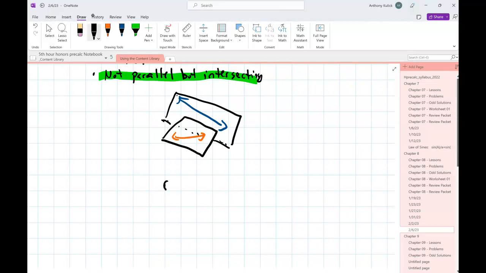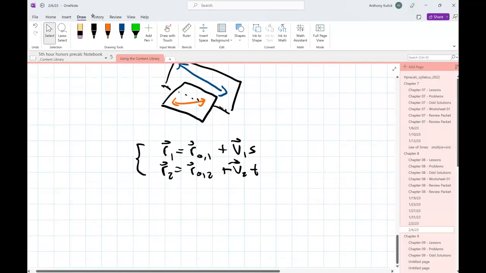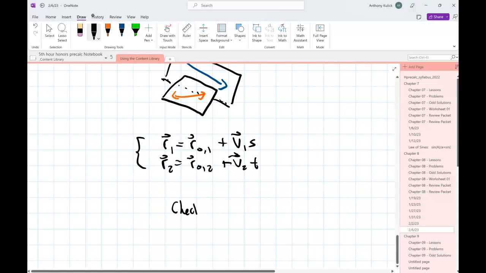So let's say that we have R1, we should do alphabetical order, I'm getting confused, we'll call that one S. Okay, so that's our system, a pair of lines. Actually, I should use the word parallel.